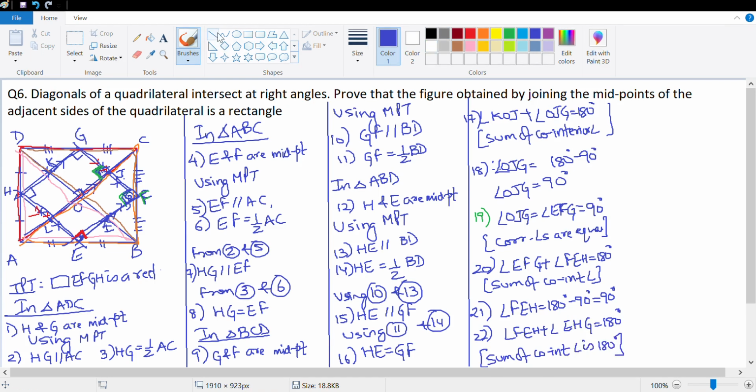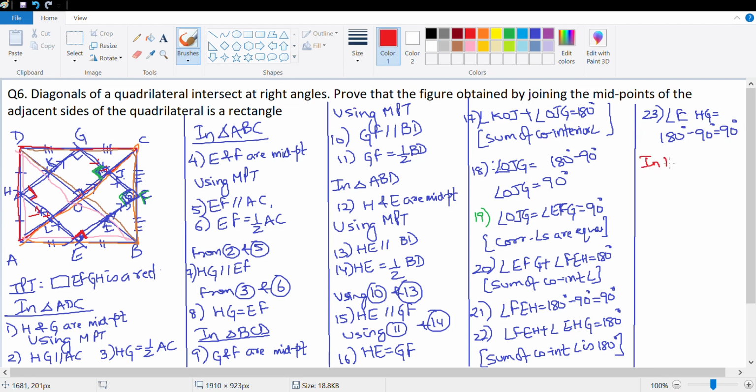I hope you realize these questions are slightly long, but the same concept being applied again and again and again. So that brings me to point number 23. Therefore, angle EHG is equal to 180 degree minus 90 degree is equal to 90 degree. So now I've got this angle also as 90 degree.